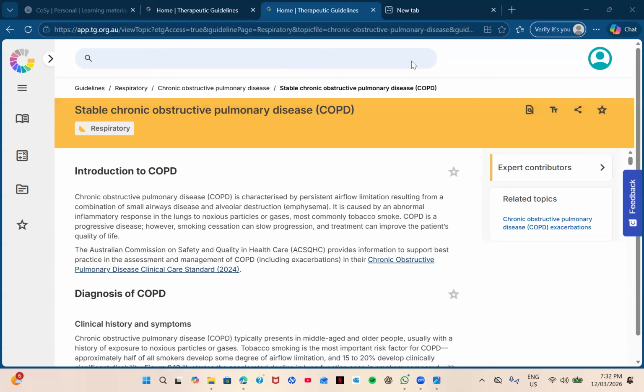Okay. So, what is COPD, doctors? It's a chronic obstructive pulmonary disease, right? Okay. Is this a reversible disease or irreversible disease?